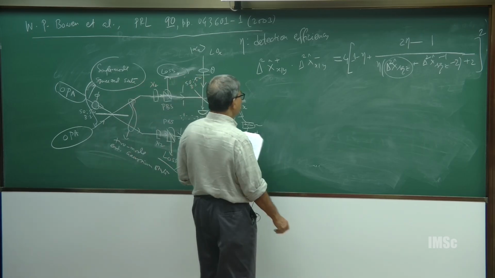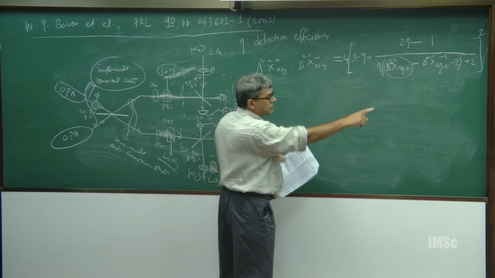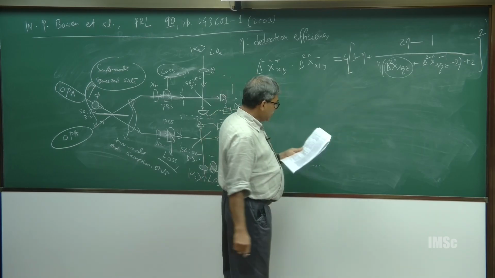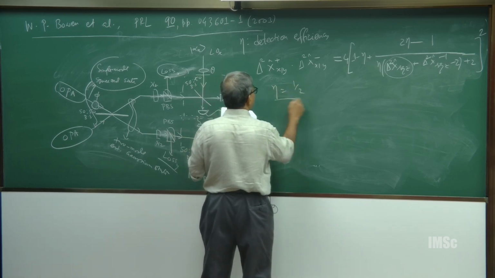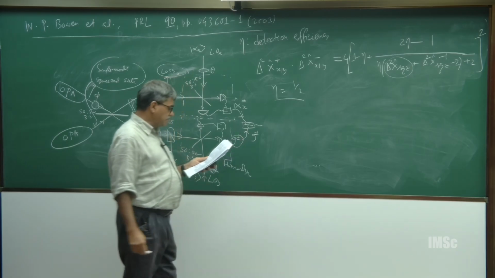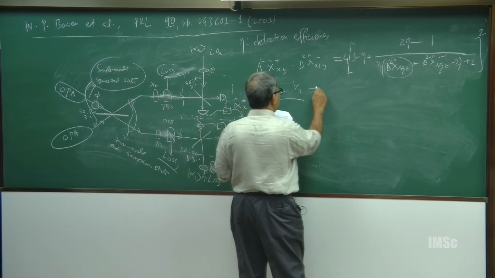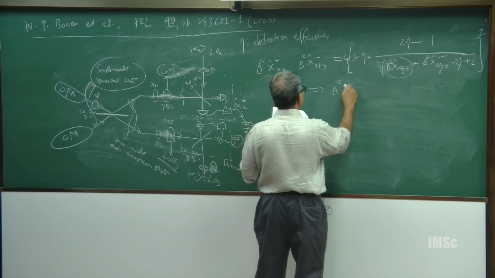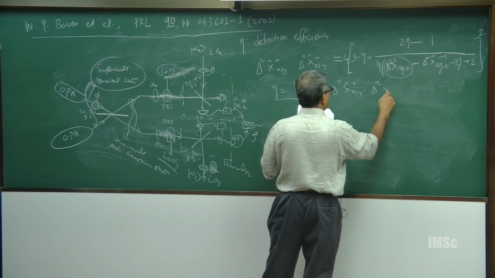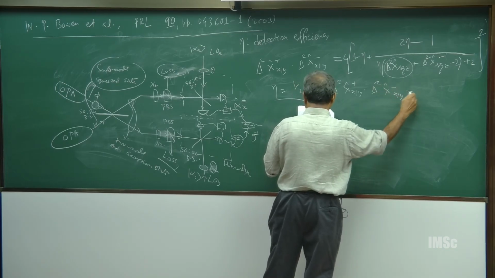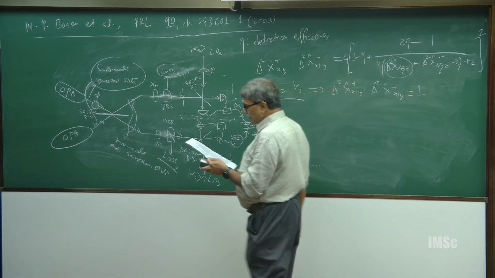So this is not the EPR criteria, this is the left hand side part of the EPR criteria. If you take eta equal to half, so detection efficiency is 50%, then this delta square x plus x given y times delta square x minus x given y will turn out to be 1, and this is independent of the level of squeezing.